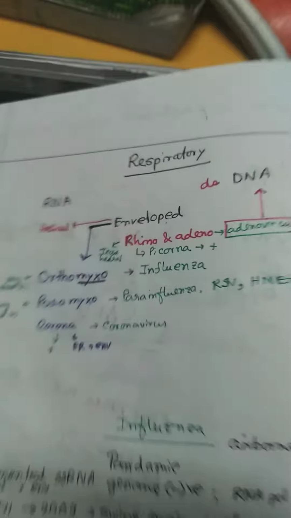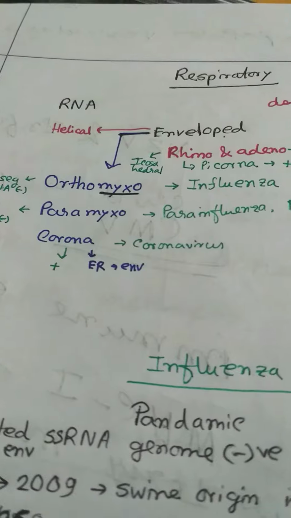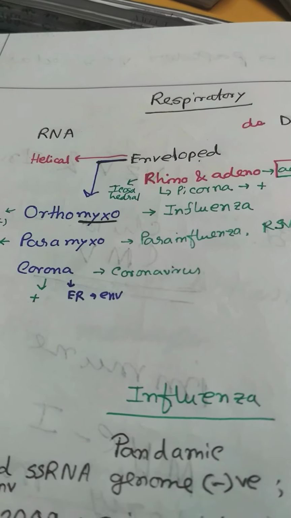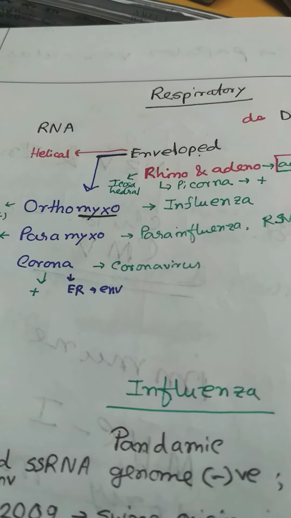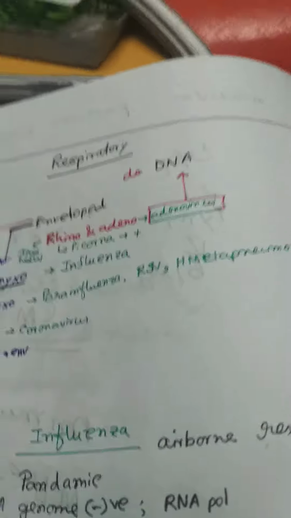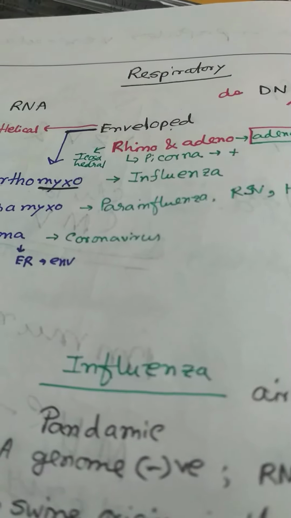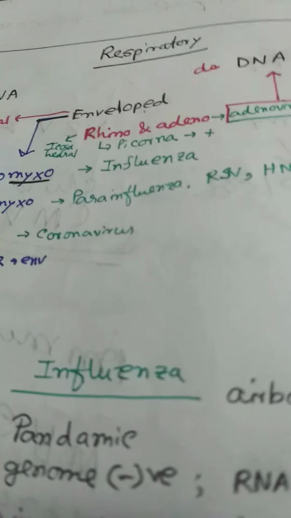Now we will discuss the other respiratory viruses. Paramyxovirus includes parainfluenza virus. Parainfluenza virus has only hemagglutinin, but it does not have neuraminidase and fusion protein.